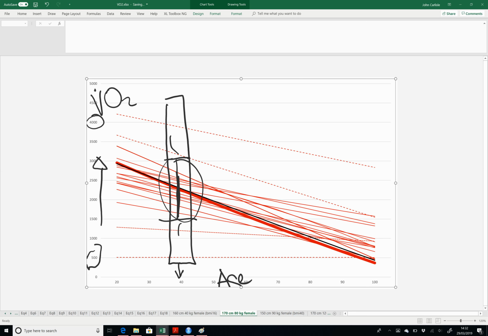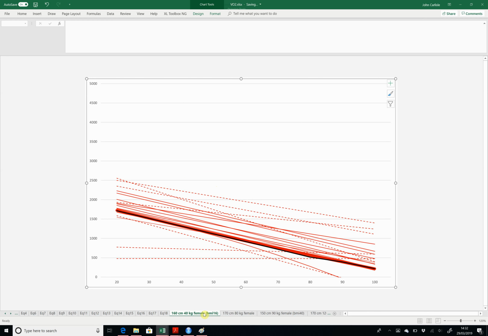What we do know is that the fitter somebody is, the better their survival, and the less fit somebody is, the worse their survival in the long term. And just for your amusement, I'll show you a shorter and underweight woman, 160 centimetres and 40 kilograms, and with the same vertical axis up to 5 litres oxygen consumption, you can see understandably smaller people would be expected to consume less.